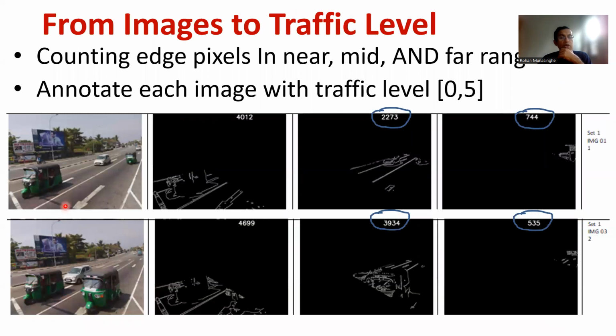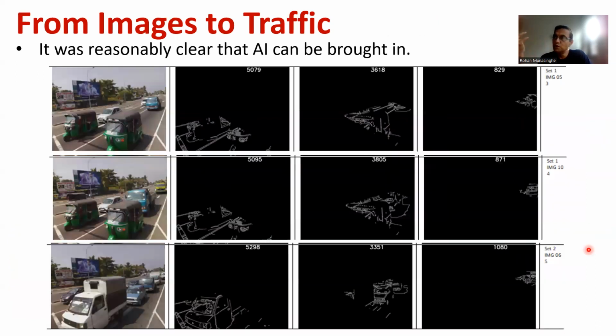This is very important. Look at these two photographs. This is smooth flowing. There's no traffic actually, no problem here. So I assign traffic level 1. This is traffic level 2, like that. This is extremely important if you want to use any sort of machine learning. You need to let the machine know what you mean by high, low, etc. This is what is called annotation.